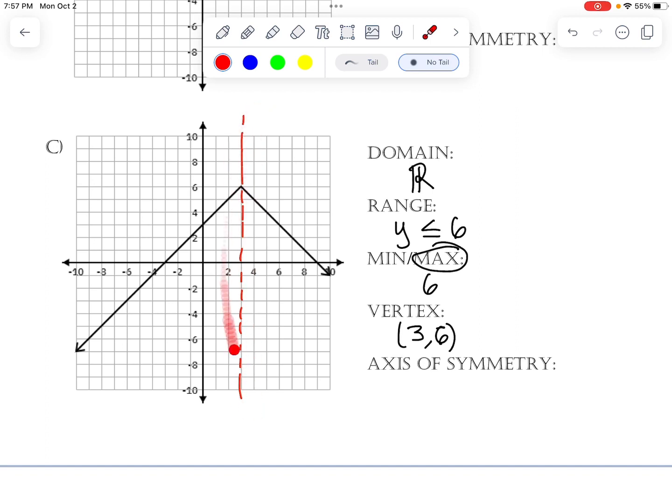I will never change my x value, but I will have all of the y values along this vertical line. That is why we will write it as x equals 3, not 6, because it will share the x value of our vertex. Our vertex is the very middle of our graph. It's either the peak or the valley of our graph, so it will share our same x value.